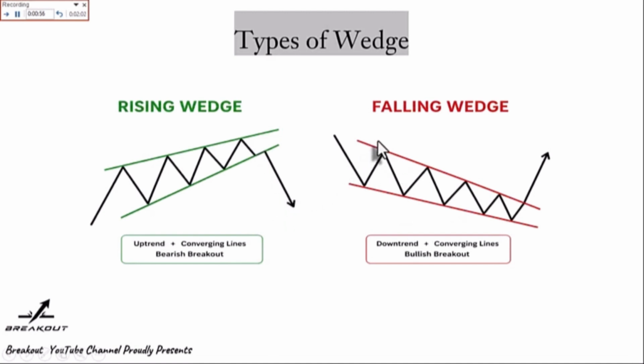And for the falling wedge also, you can see a downtrend, and the price is consolidating in the downtrend, and you can anticipate that price will be in an uptrend because there is a battle between buyers and sellers. As you can see, the sellers are losing momentum here in this converging area between two converging lines.